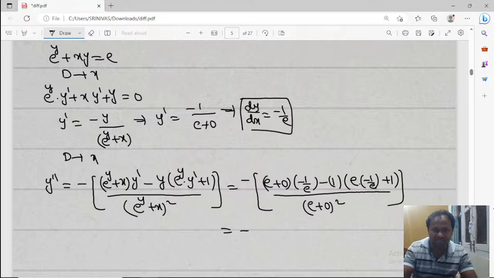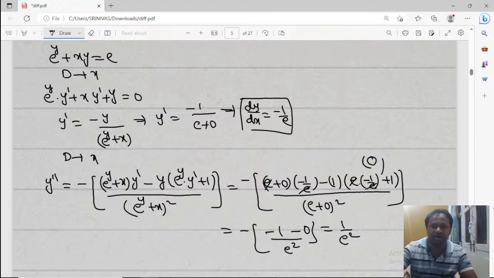What we get from this? Minus of, here e got cancelled, that means minus 1 minus, here it cancels, this total will become 0, divided by e square. So that is equal to 1 by e square.